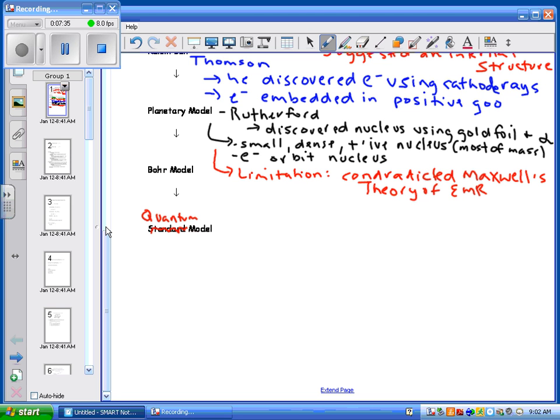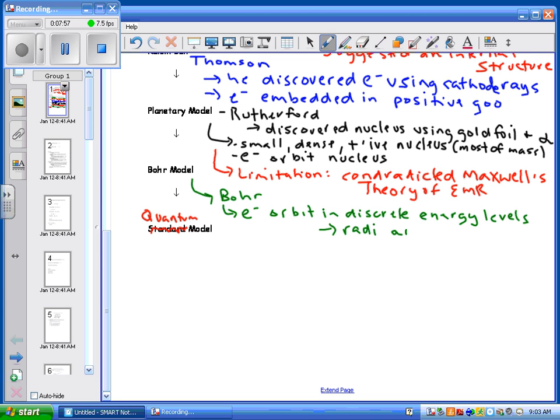Okay. Bohr model is obviously Bohr. And he said that the electrons orbit in discrete energy levels. And so he said that the radii are quantized, and the energy levels are quantized.